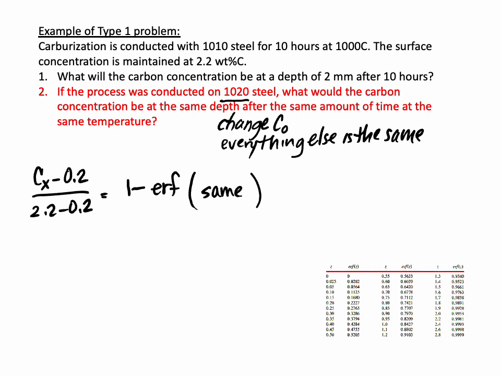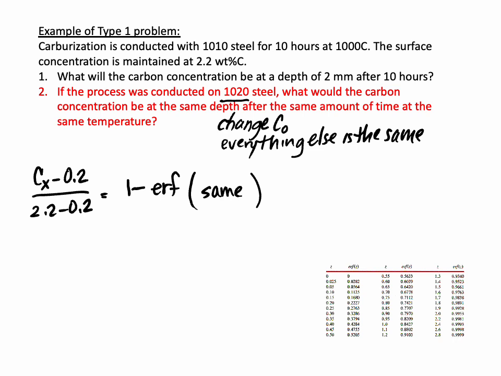I didn't change x. I didn't change temperature or D. I didn't change time. So z, that value inside the parentheses, is the same as it was. And error function of z is the same as it was. And 1 minus the error function z is the same as it was.